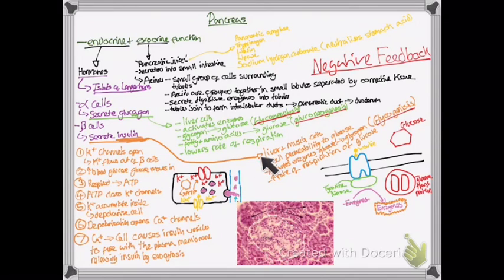So insulin affects liver cells and muscle cells. Remember, liver cells can be called hepatocytes. So if you see hepatocytes in the exam, just know that's a liver cell, which I might do a video on in the future. They increase cell permeability to glucose. They activate enzymes to convert glucose to glycogen, so that's the opposite of glycogenolysis, and this is called glycogenesis.